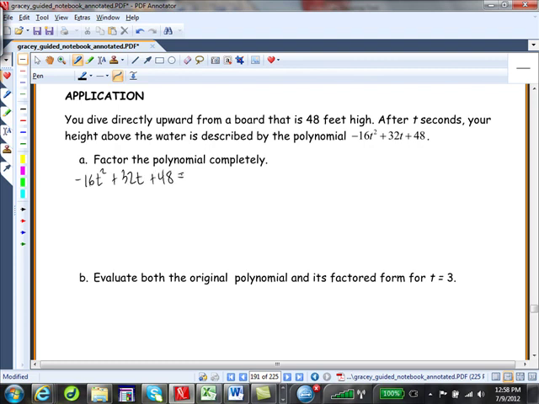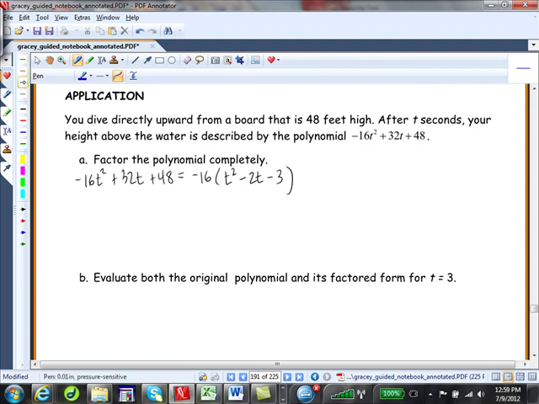Now, in order to make it easier to factor, I'm going to go ahead and look at factoring out a negative 16. We'll be left with t squared minus 2t minus 3, right? 3 times 16 is our 48.